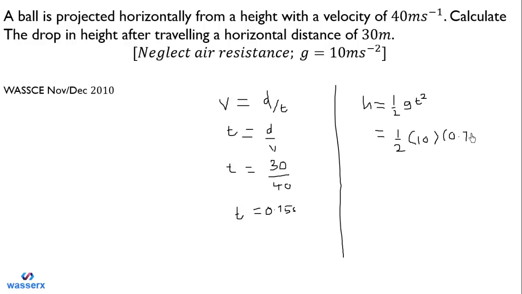So we need to simplify this to get 5 times 0.75 squared. And this will be equal to 2.81 meters.